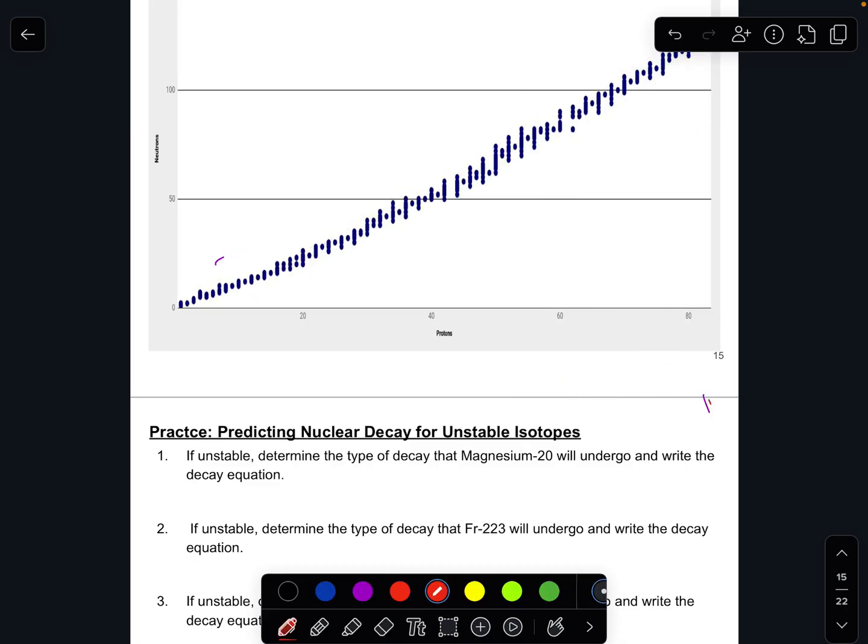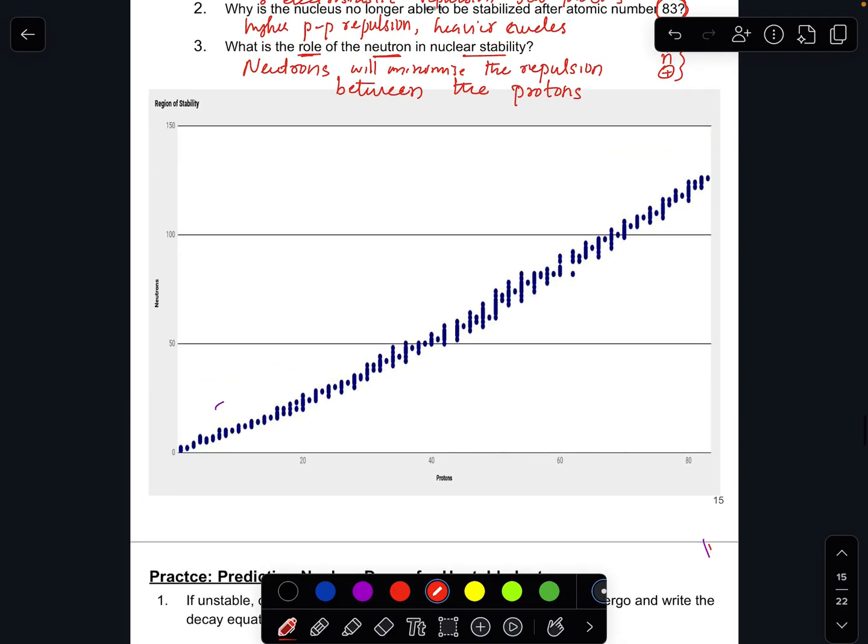Now, to read the values is a little difficult for you, but I can say, if this is the band of stability, a higher or lower N by P value, above or below, will cause emission.